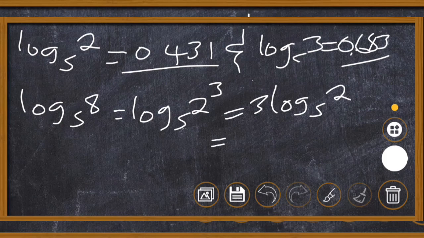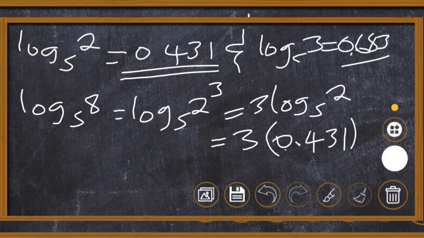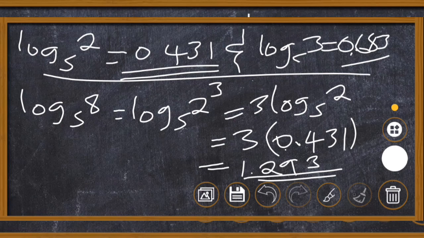And we know log 5 of 2 is 0.431. And then when we multiply this, we are going to have 1.293. So this is the answer for this kind of an expression. This is basically how we replace the given values into the expression.